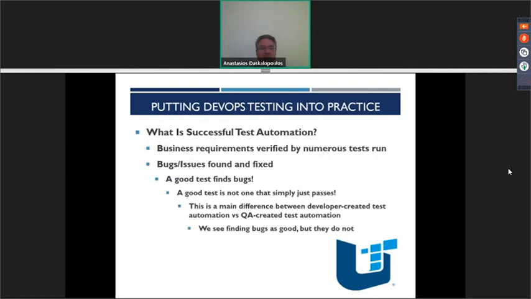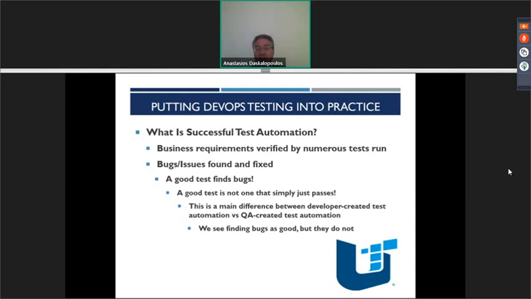Review is just as important as execution. And again, test everywhere. Now, how do we define successful test automation? You're verifying the actual business requirements. Bugs are found and bugs are fixed. In my experience, and I will stress this, a good test finds bugs. A good test doesn't prove that everything works, quote unquote.